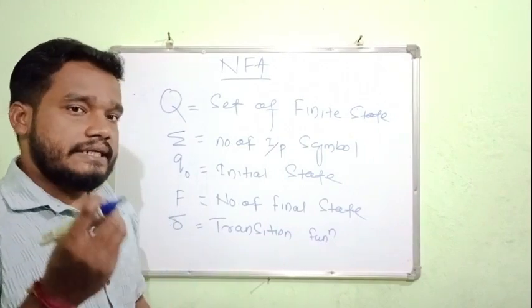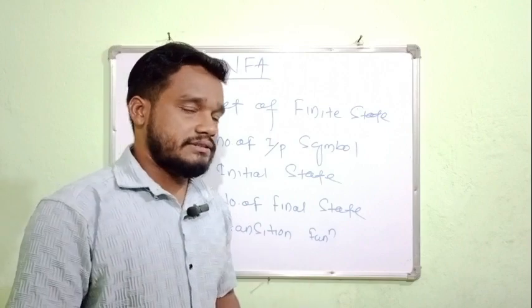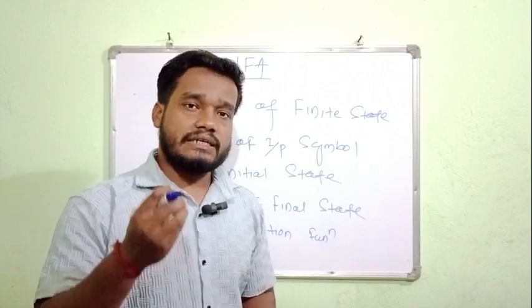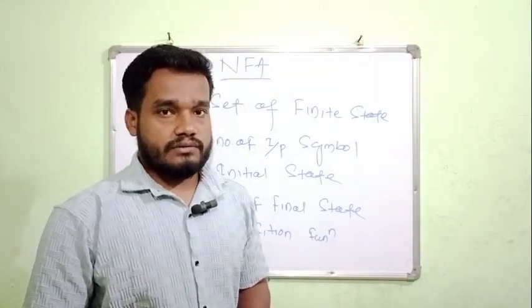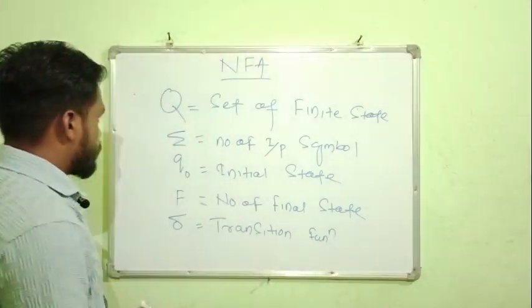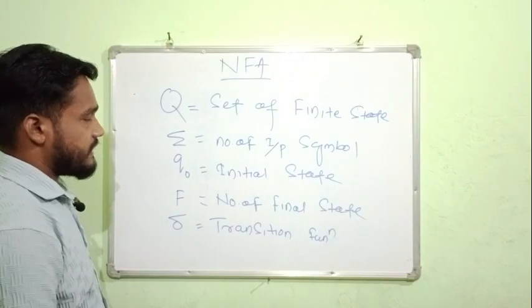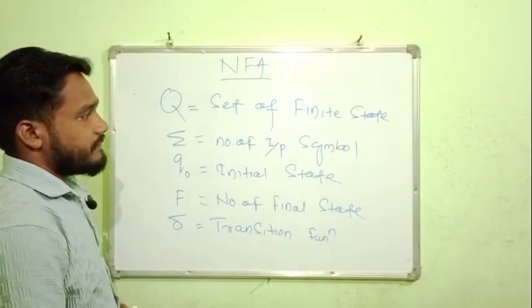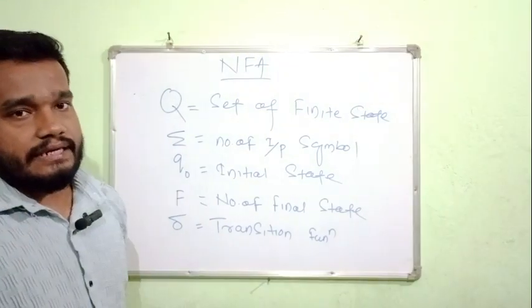In case of DFA, you will get a different kind of transition function, and in case of NFA, you will get a different kind of transition function. So write it down or take a screenshot. After that, I am going to explain the examples of NFA.